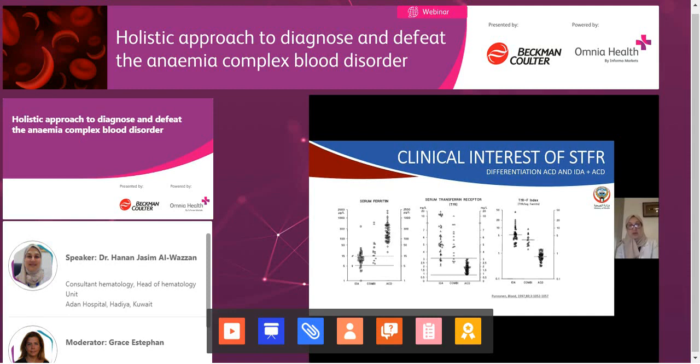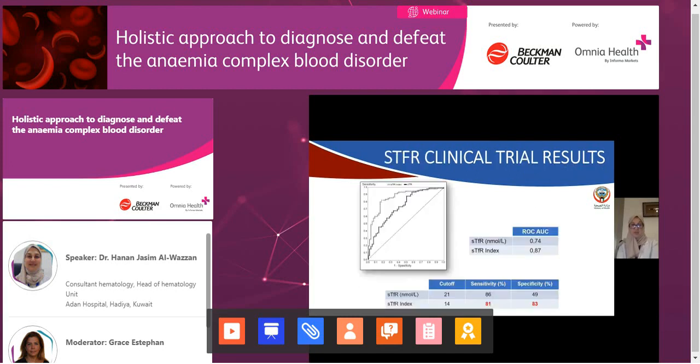But it does differentiate anemia of chronic disease alone from anemia of chronic disease combined with iron deficiency. Using the serum transferrin receptor index will clearly differentiate the three types of anemia, where iron deficiency anemia is very high, anemia of chronic illness is very low, and the combined deficiency is in between.